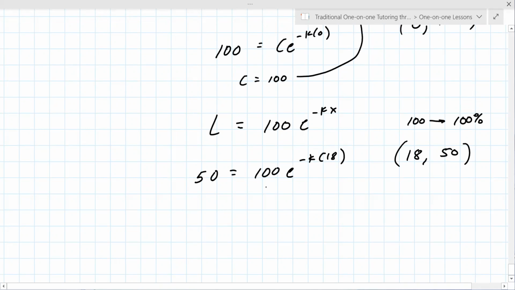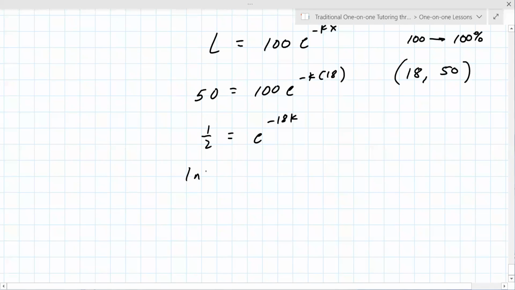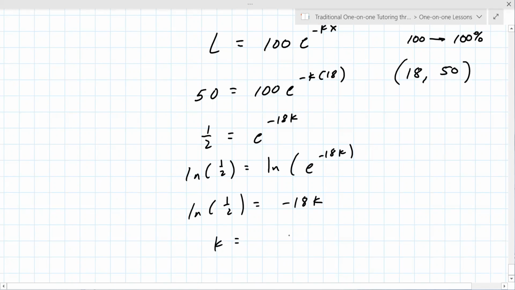So you divide by 100, you get 1/2 equals e to the minus 18k. You take the natural log of both sides. On the right side, it undoes the e. So you get natural log of 1/2 equals minus 18k. So k equals minus 1 over 18 times the natural log of 1/2. And that's some number, okay? And that's why it says calculators are okay.